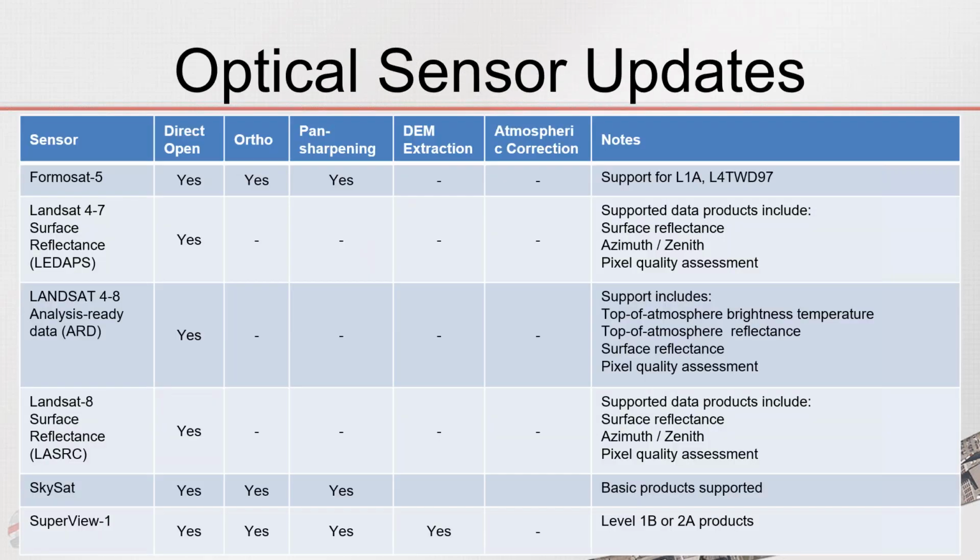We always add sensor updates to our software. These are just some examples of some of the new sensor updates that we've added in. I encourage you to visit our website.